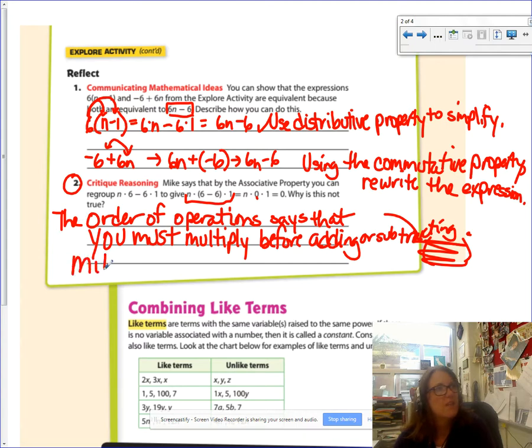Mike introduced parentheses and changed the order of operations. You can't do that. Okay.